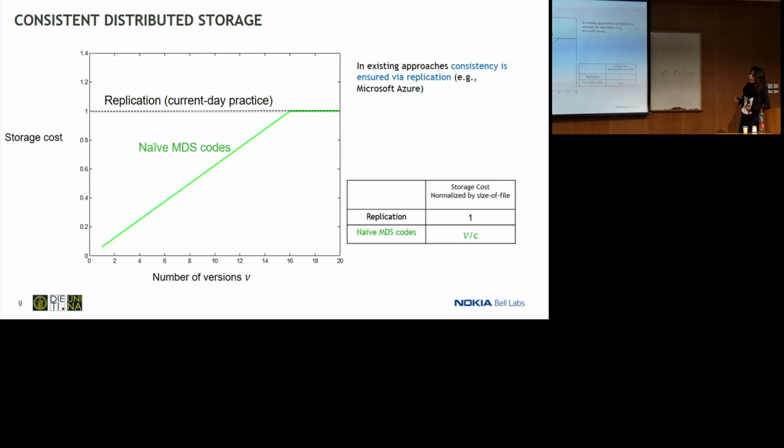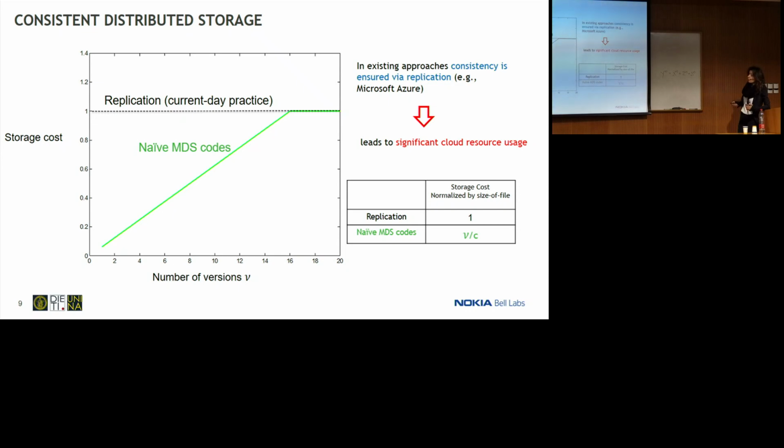In existing approaches, consistency is ensured by replication. And this leads to a significant cloud resource usage. If we plot the storage cost per server and per file as a function of the number of versions, you will have this plot.